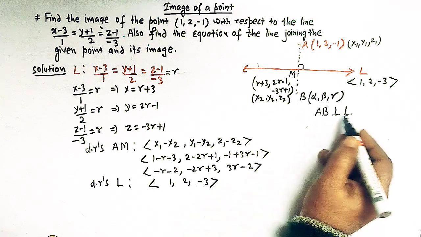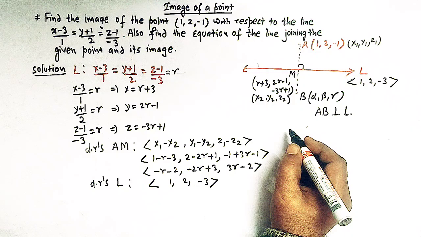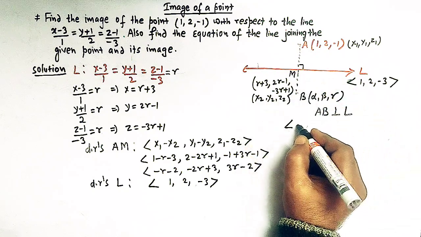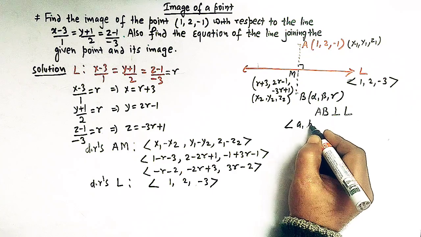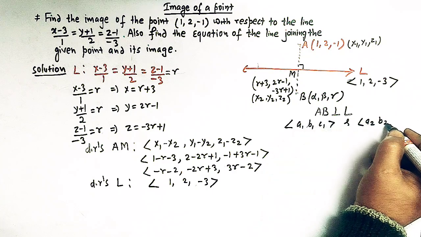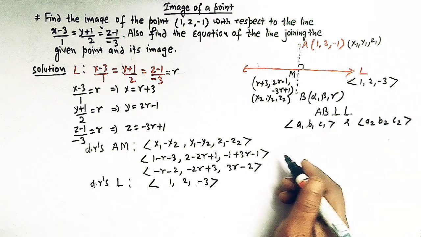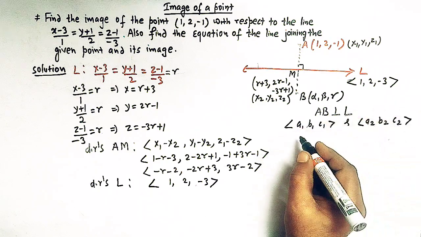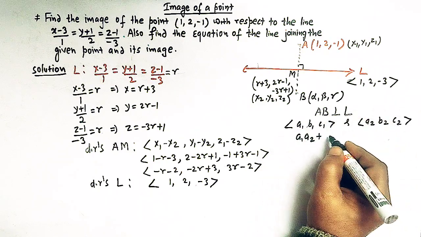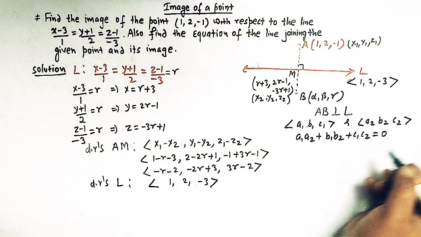And here AB is perpendicular to L. So we know that if two vectors or two lines have the direction ratios A1, B1, C1 and A2, B2, C2, and if the two lines are perpendicular, then the condition for perpendicularity is A1A2 plus B1B2 plus C1C2 is equal to 0.